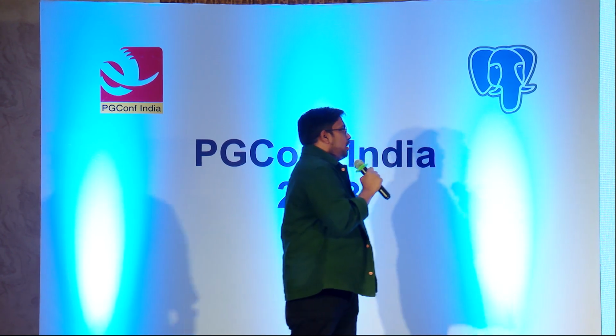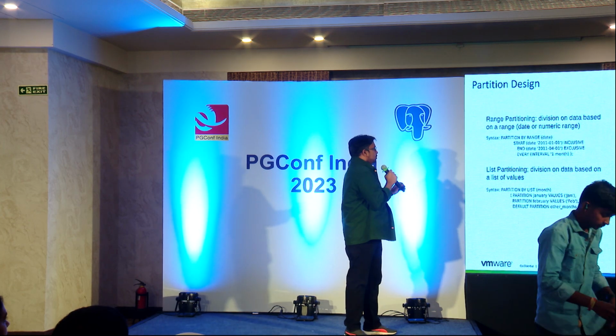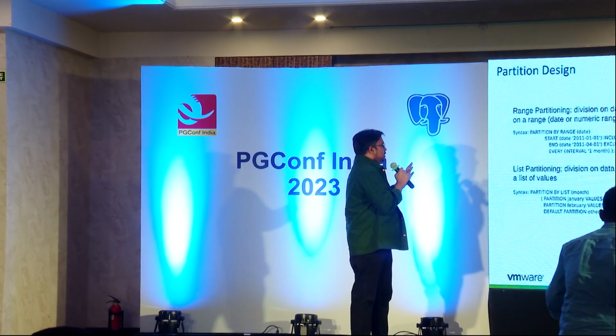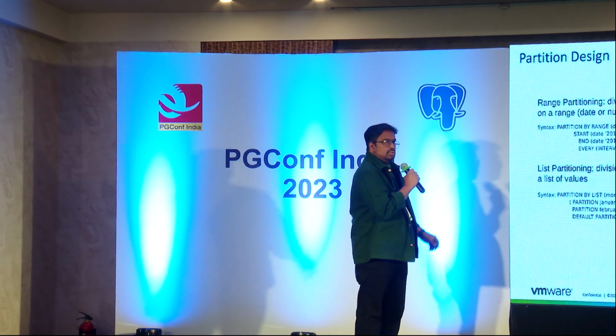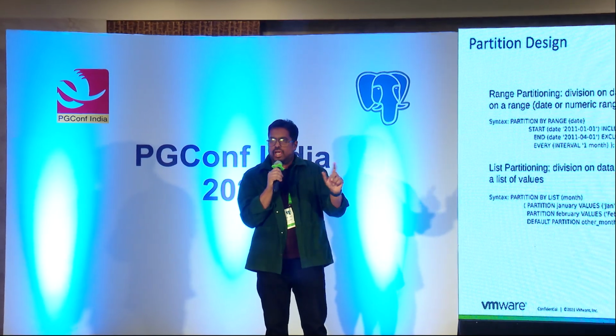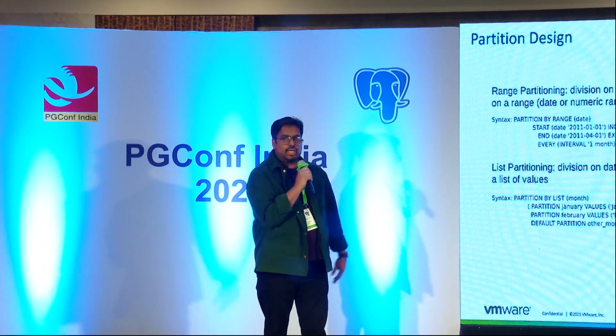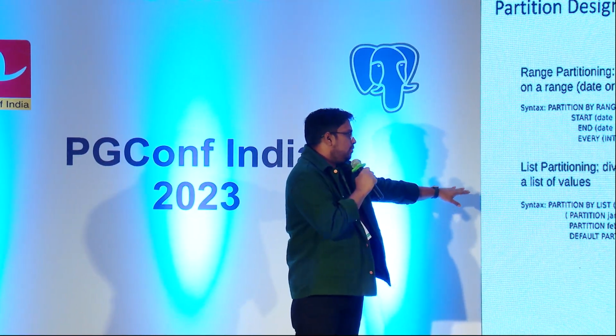There are two types of partitions primarily. Range partitions, which are designed based on the range of the date. You can start with a particular date, end it with a particular date, so all column values within that date will fall in that specific partition. You can also separate it out with a list.